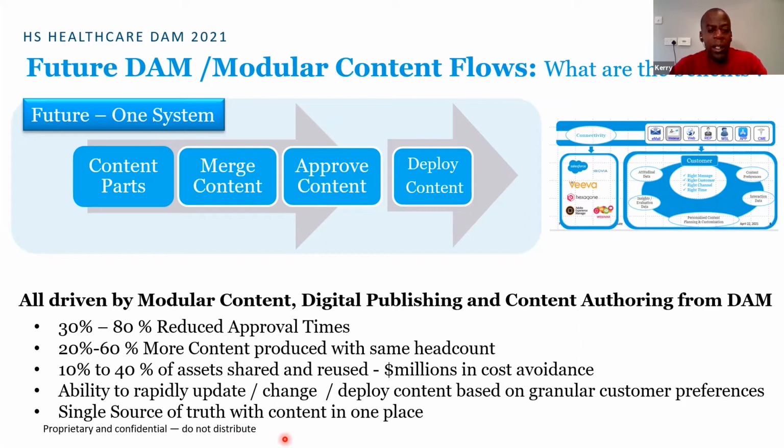What you don't want is some of your content in the approval, some in your DAM system, some in, for example, your Adobe CMS, some in your detail aid content manager, and some in your marketing cloud. That's absolute hell. You want it in one place with the APIs so that you're moving everything seamlessly through, as I've demonstrated here.